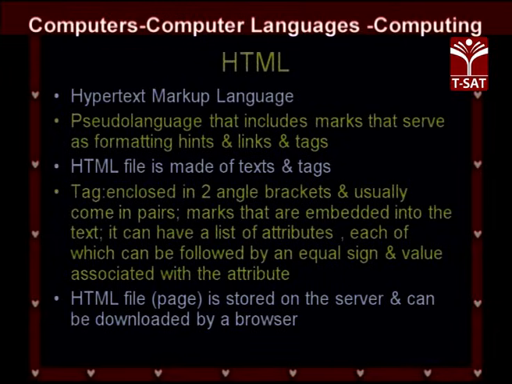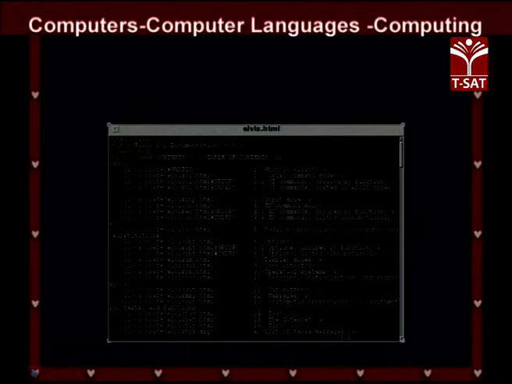A pair of opening and closing tags is called the HTML language. You can see how the HTML language looks. This is understood by the web page, so using HTML we can develop web pages.